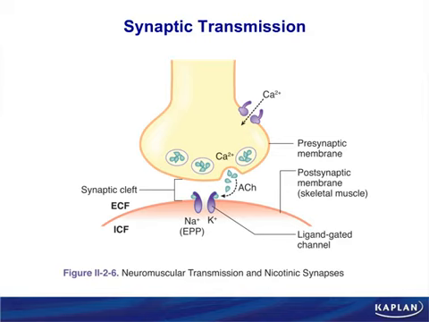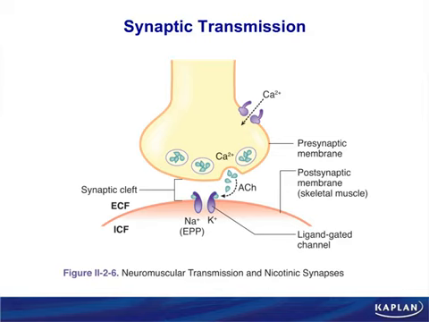All right, big key point. Normal physiology. If you get an action potential in the alpha motor neuron, you get an action potential in the skeletal muscle cell. It's a one-to-one relationship.